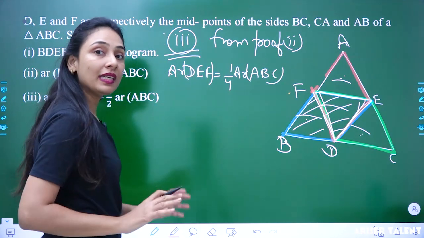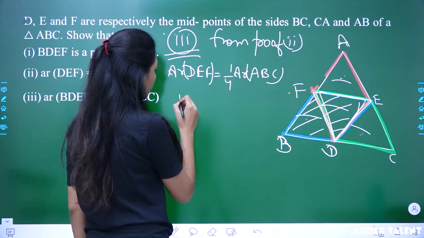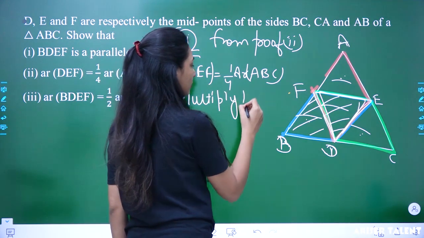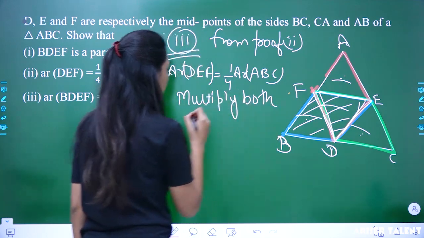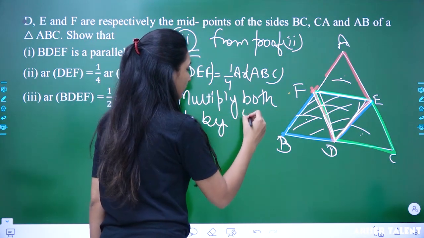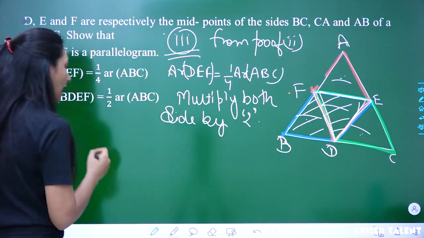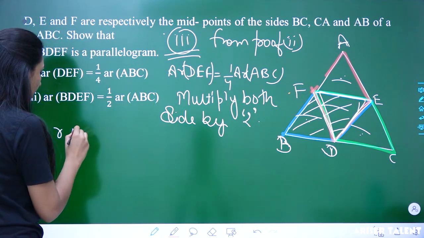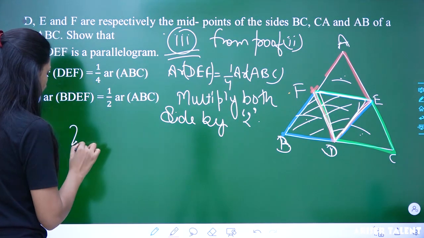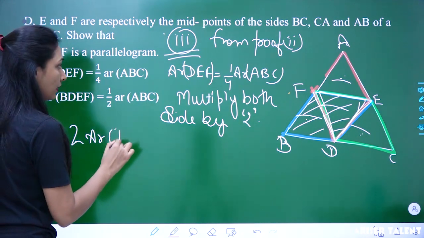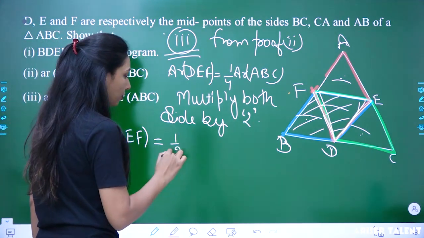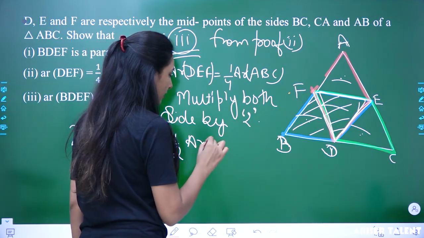Okay, now multiply both the sides by 2. Then we'll be having 2 area DEF is equal to half area ABC.